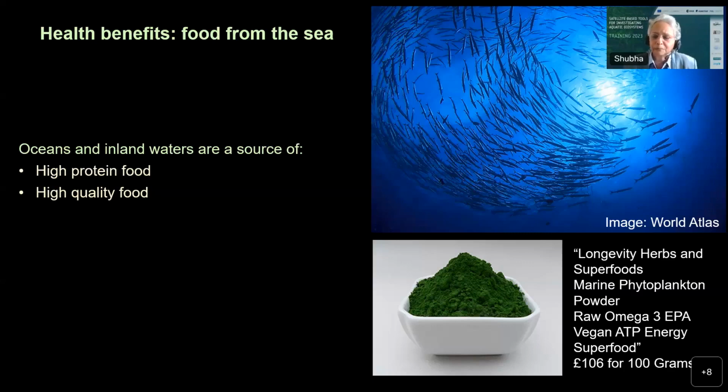You're bypassing the fish and you're going straight to the marine phytoplankton, which produce the fatty acids, which are then consumed by fish, and then you get the fatty oil in the fish. So according to Amazon, you can buy 100 grams of this superfood derived from phytoplankton if you have 100 pounds and more of cash.